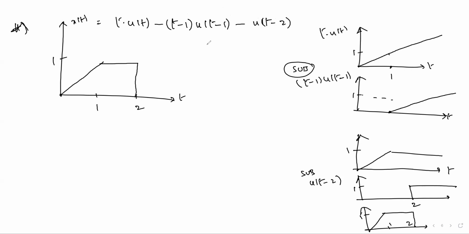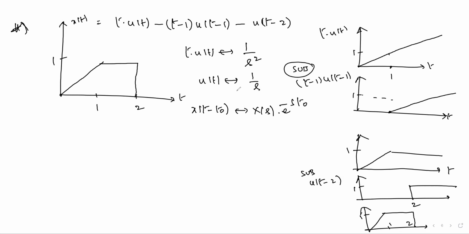And we know that t u of t, r of t, Laplace transform is 1 by s square, and u of t Laplace transform is 1 by s, and any shifting of the signal is its Laplace transform multiplied by e to the power of minus s t naught.